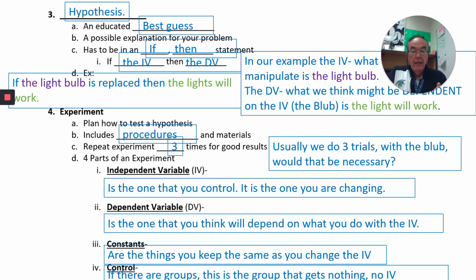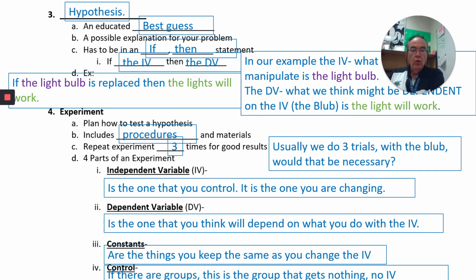The things that we keep constant in all the groups are going to be things like the soil, the temperature, the amount of light they get, and the amount of water.